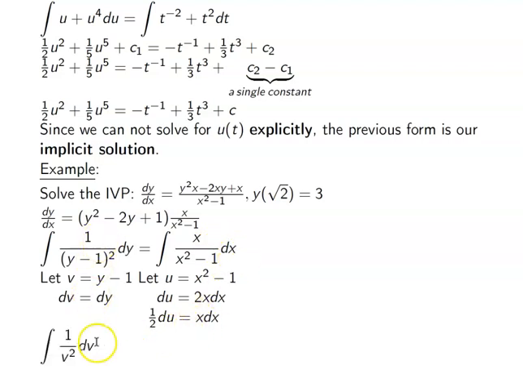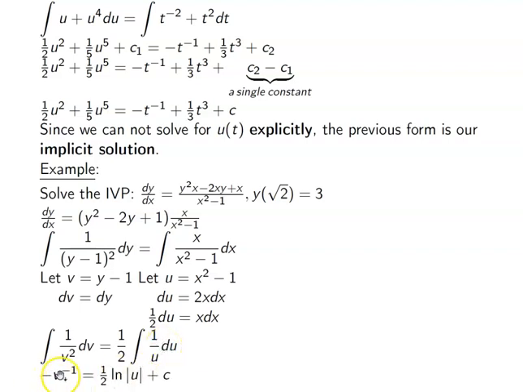So I can go ahead and make my substitutions. This turns into 1 over v squared dv. This turns into 1 over, 1 half times 1 over u du. Okay. So this is just v to the negative 2. This is going to be natural log, right? So then here I'm going to have negative 1 over v, and this is going to be 1 half natural log of u.